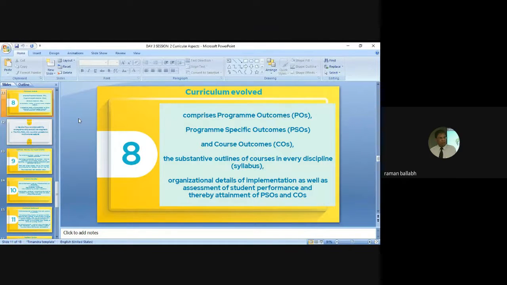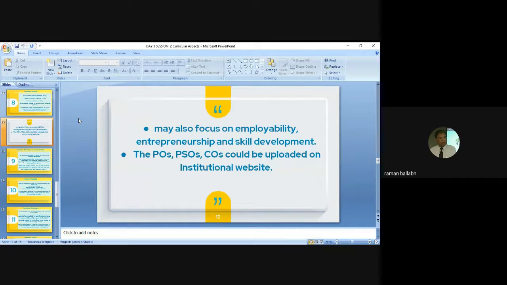These are the methods of curriculum evaluation, how the curriculum has to be evolved and created. Since not many people are creating syllabi, I'm not going in depth. I have just given you an idea of how to do all those things. What are the POs, PSOs? I have just given you some focus on that.